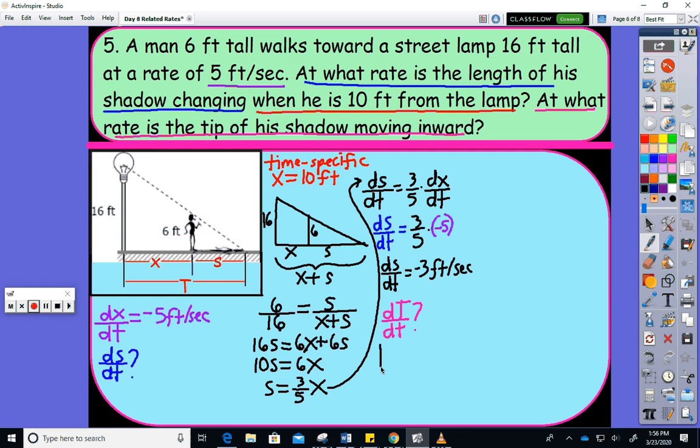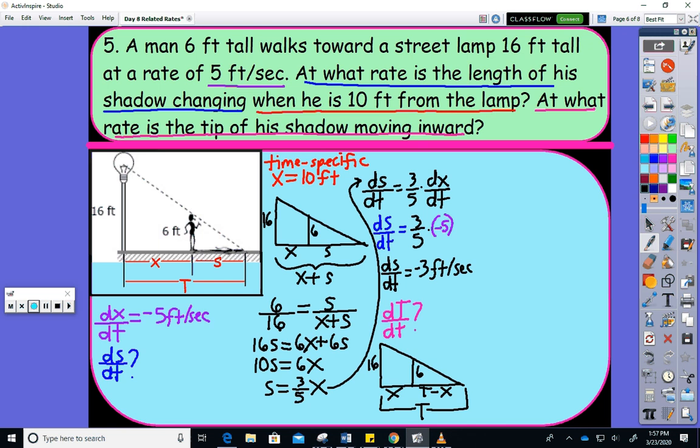So this time, when I'm labeling my picture, I'm still going to use 6 and 16. I'm still going to say that this is x, all of this is t, but I don't want a little s because I don't want 3 variables in my problem if I can help it. So why don't I call that t minus x, and that gets around me needing an s.